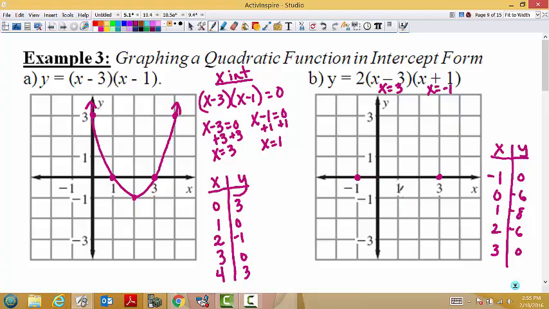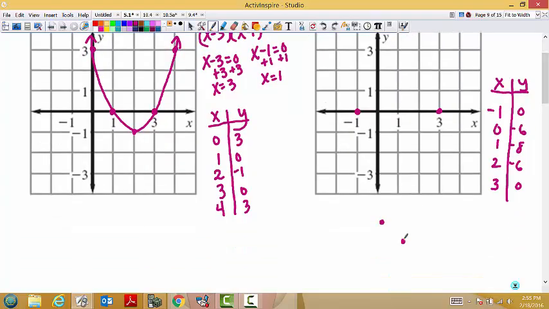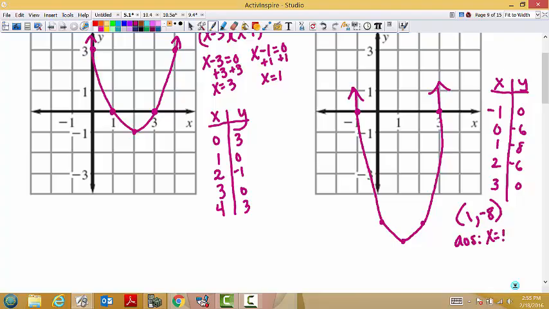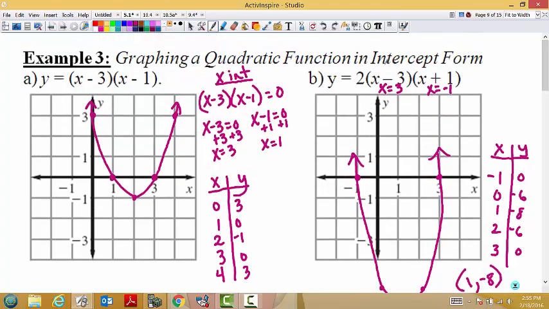Why do I keep doing that? 0, negative 6. 1, 2, 3, 4, 5, 6. Wow. Negative 8's like way down here. That's sad. So the vertex is 1, negative 8, and the axis of symmetry is x equals 1. And it did open up.